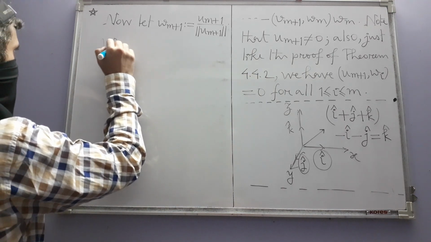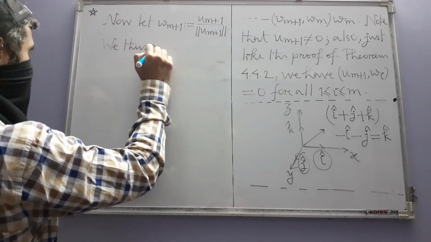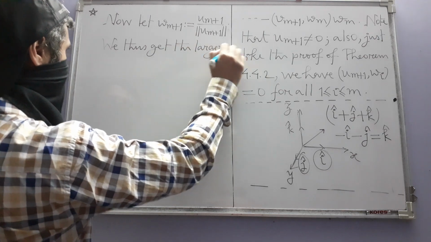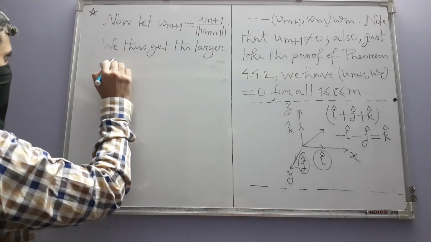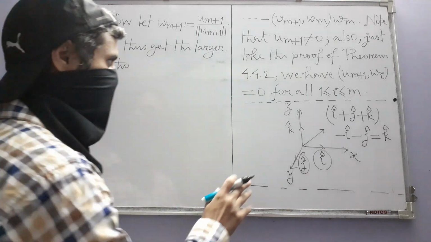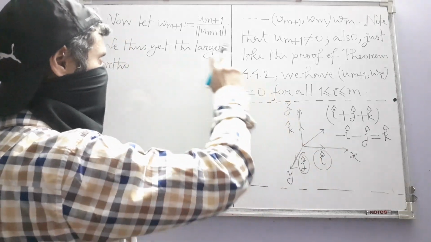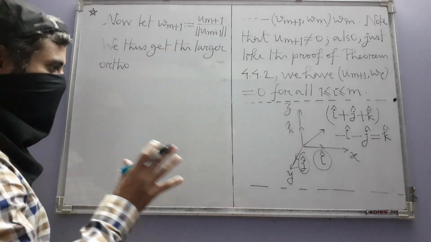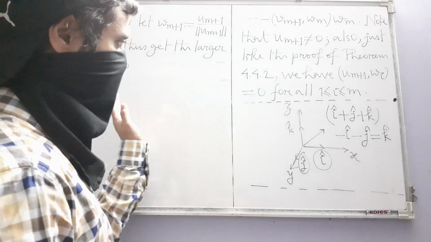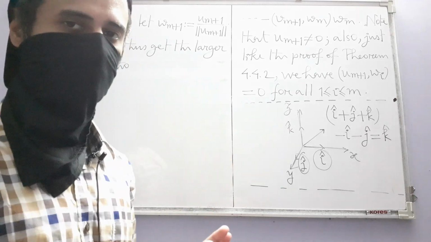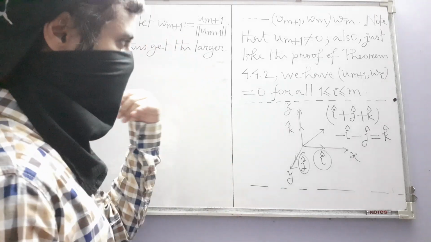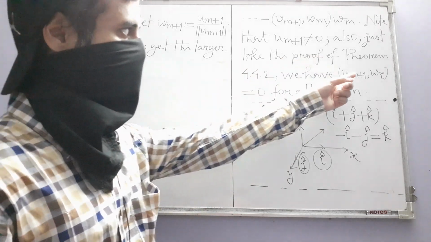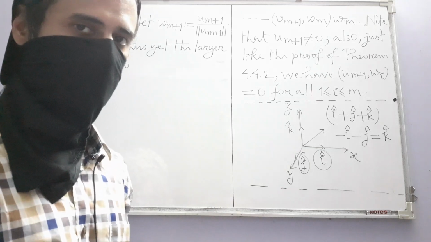We thus get the larger orthonormal set. See, orthogonality of the set that you would get from the original set, that is the Wi's, by introducing this extra vector: the Wi's are already orthogonal to one another among themselves. But now this one is also orthogonal to all the W's. That's what we have written here, right? All these inner products are equal to 0.